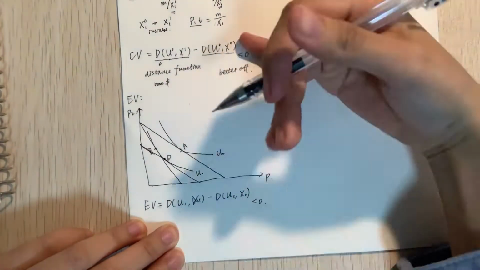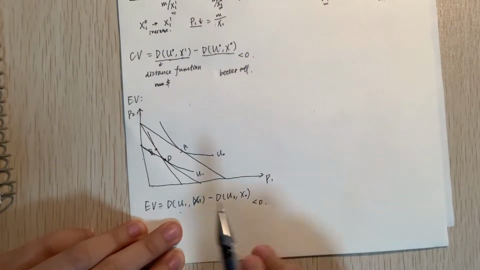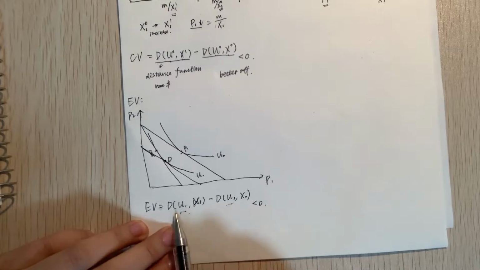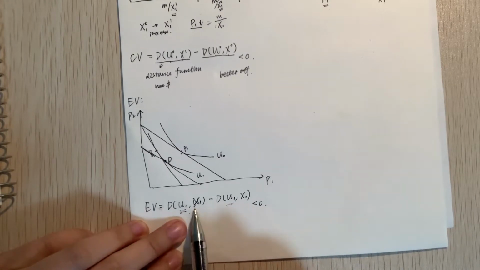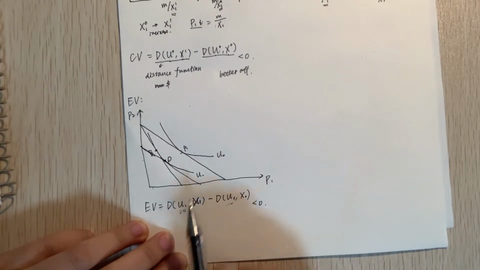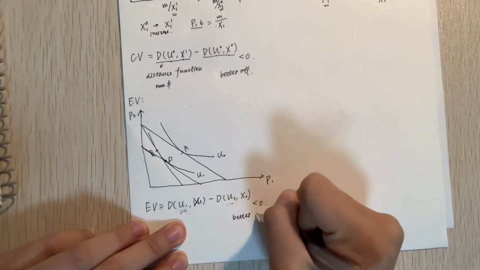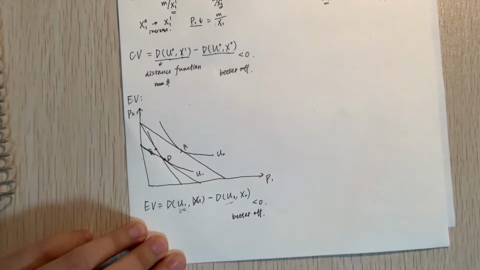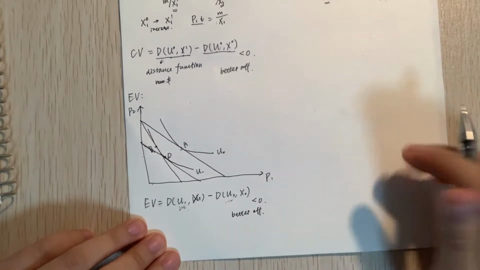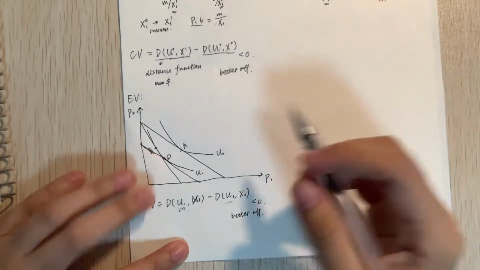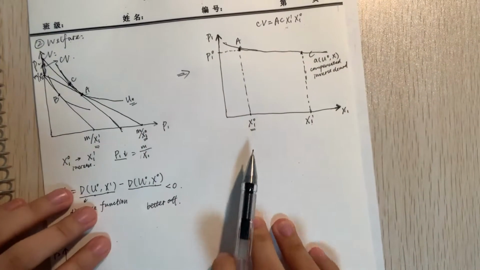It's a similar idea as compensating variation. We need to pay less to remain on the same level of utility, but with the quantity change, yes. So we are better off. We pay less. So we are better off. That's the idea.